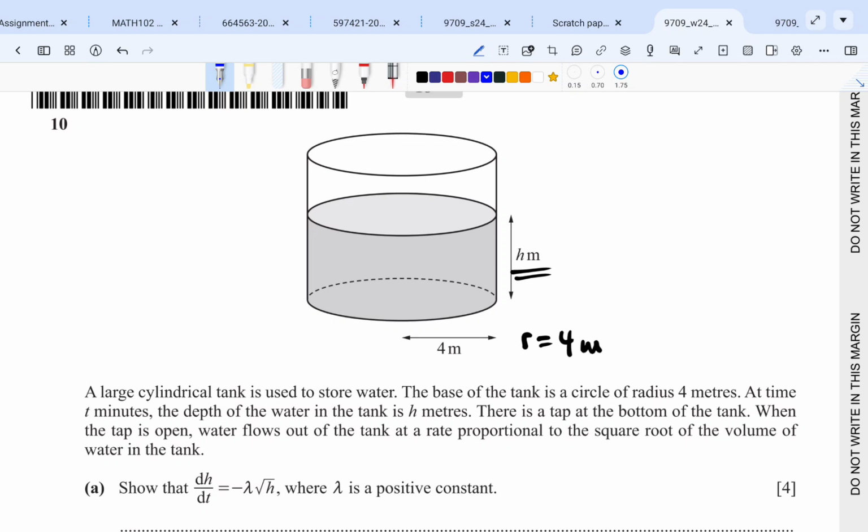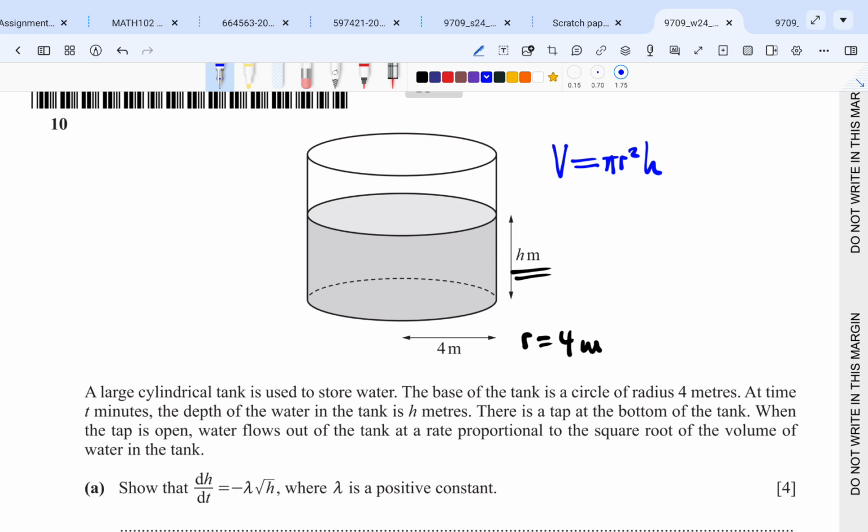Whatever shape you get, make sure you put the formula for whatever is related to that shape. If this is a cylinder, for example, I know straight away, just by saying a cylinder, I'm going to put the formula for the volume of a cylinder. And this is going to be pi r squared h. Volumes of all shapes are easy.